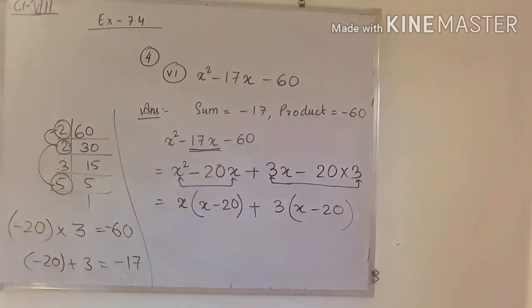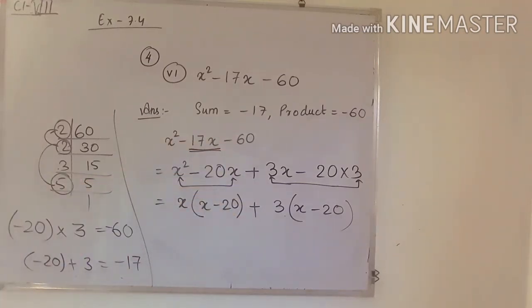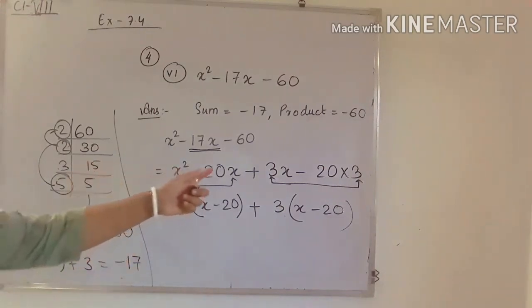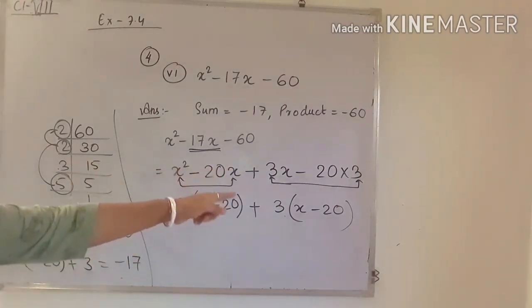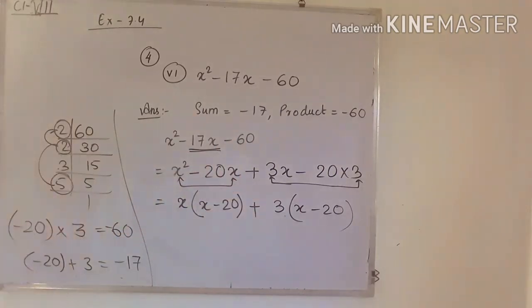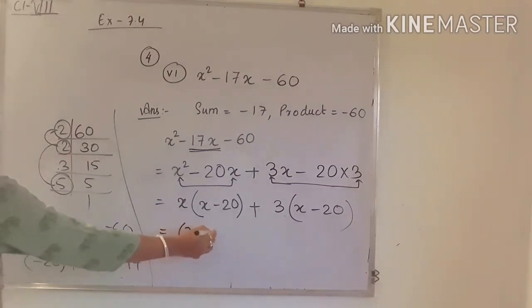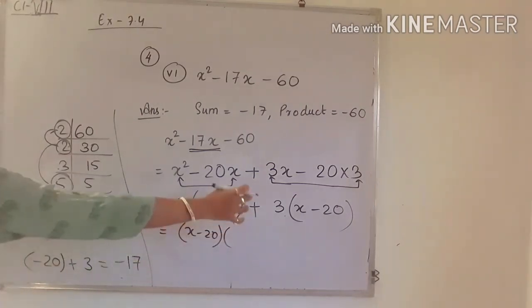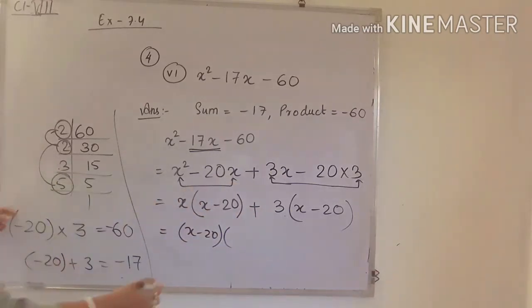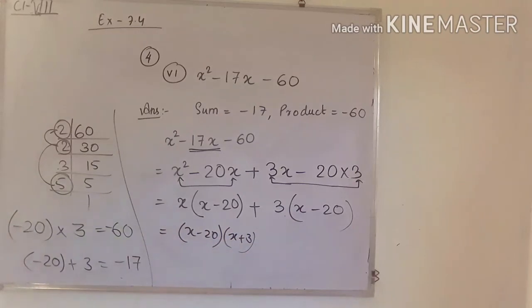Plus, in the next two terms we have 3 as a common term, so we take 3 outside. Inside the bracket the remaining term will be x minus 20. Now x minus 20 is the common term, so we take it common, and inside the bracket we have x plus 3. So these are the factors.